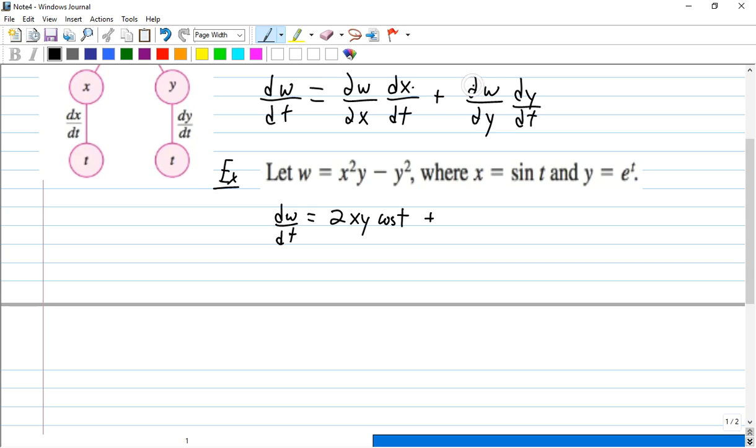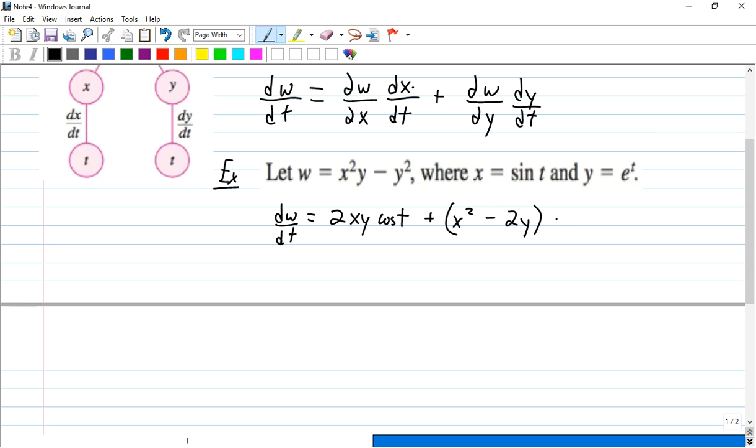Alright, and then we say plus the partial derivative of w with respect to y now. Okay, so both terms have a y, so this is going to be x squared, and then the derivative of y is 1, minus, and the derivative of y squared is 2y. So make sure you put that in parentheses. We don't want to forget the parentheses because we have to multiply it times dy dt.